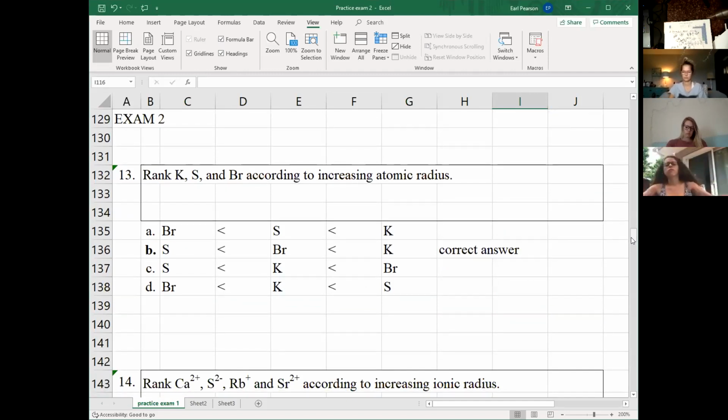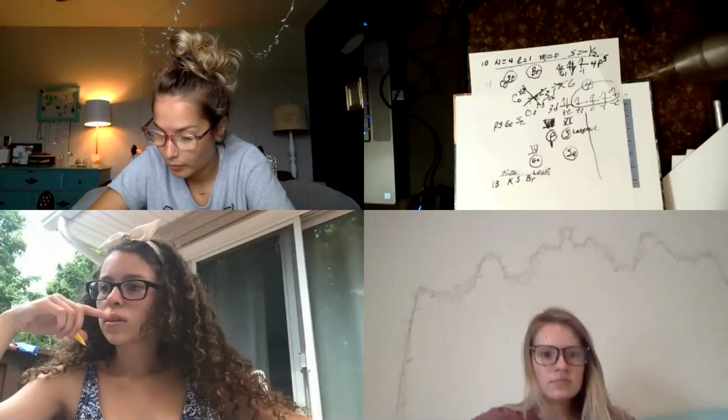Okay, now this one is going to deal with the size of potassium and sulfur and bromine on the periodic chart size. Let's go over and stop the share so we can take a look.